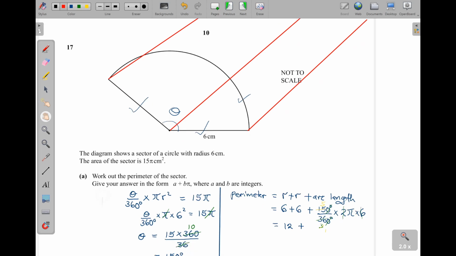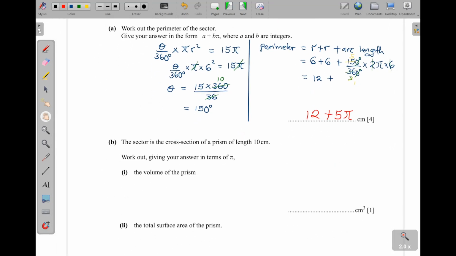Now, if we come back to this one here, I say this is cross-sectional area times the length.